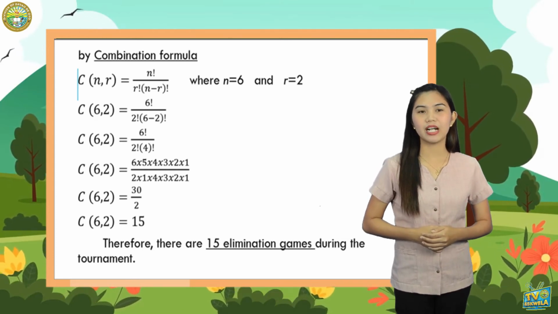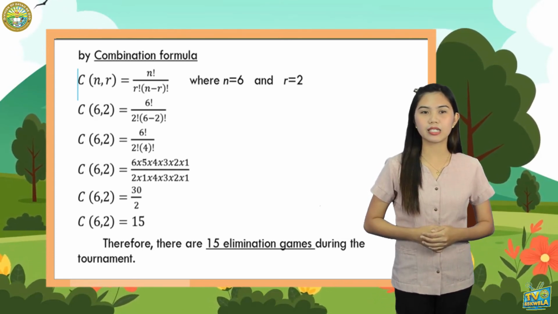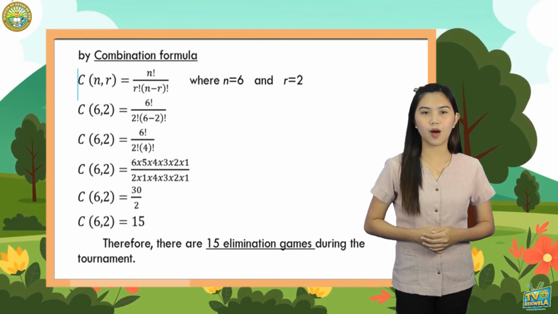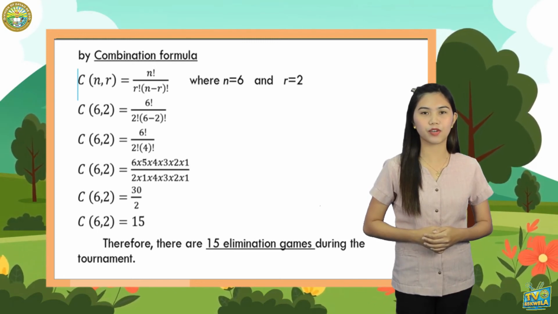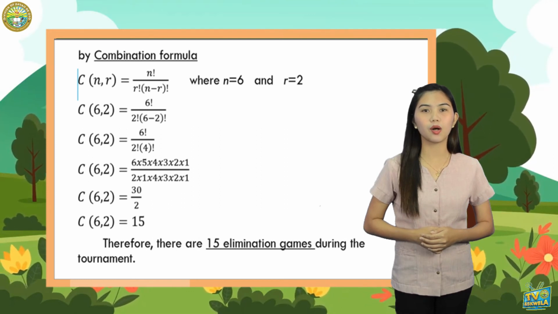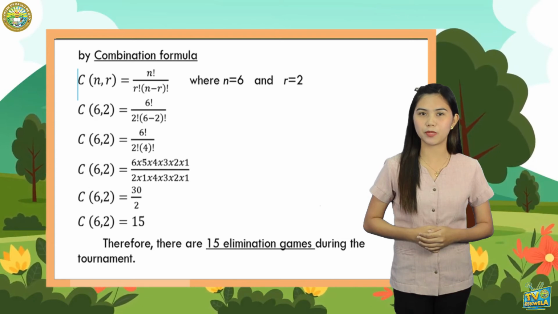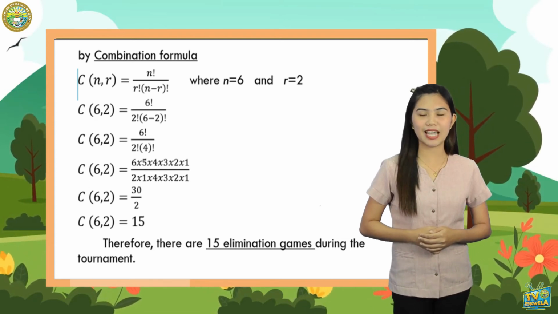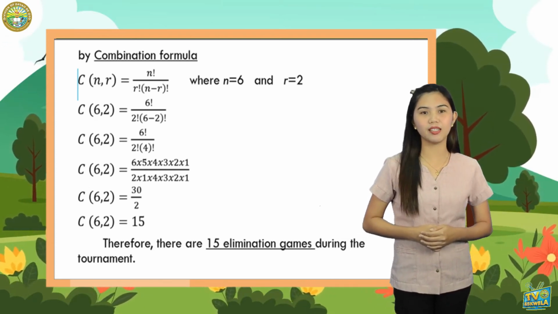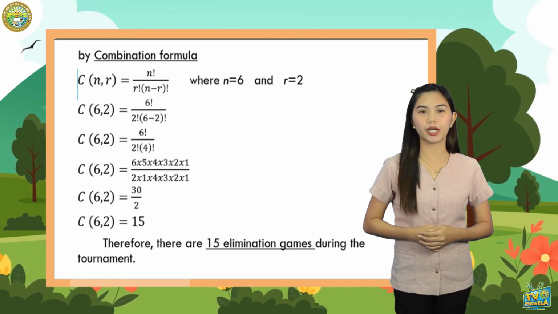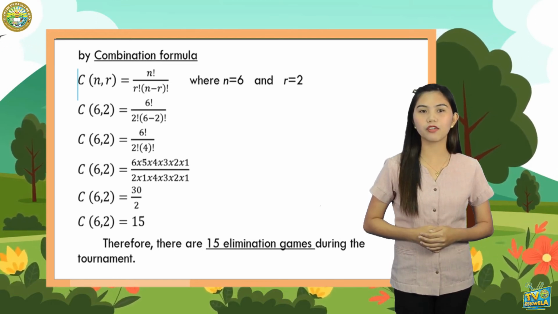Next, we have C(6, 2) equals 6 factorial over 2 factorial times (6 minus 2) factorial by substitution. Next, 6 factorial over 2 factorial times 4 factorial.